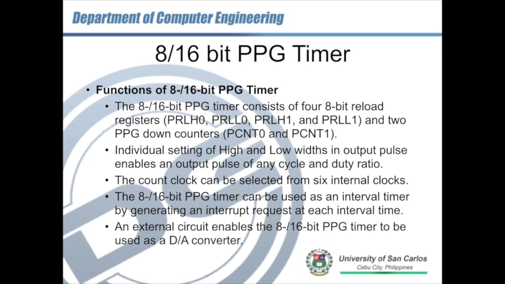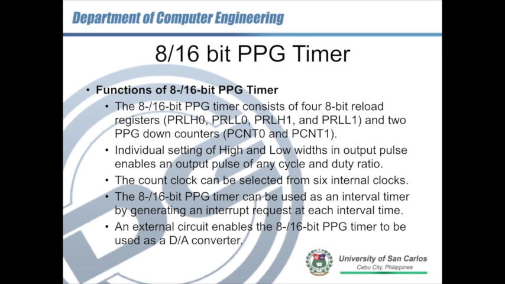We have PRLH0 to PRLH1. Actually, these represent the high byte and the low byte, which basically make up a 16-bit timer.